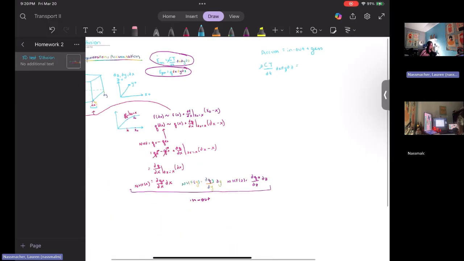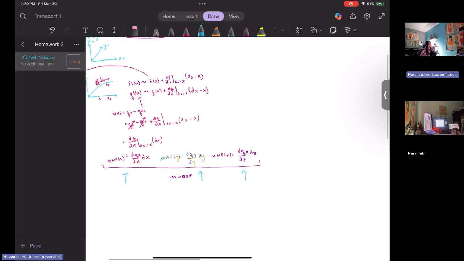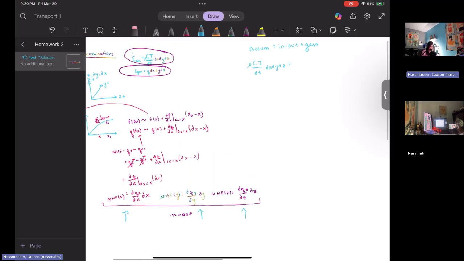Our energy in minus our energy out is each one of these equations added together, because you have 3 different directions that the cube is going in, because it's a 3-dimensional object, of course.